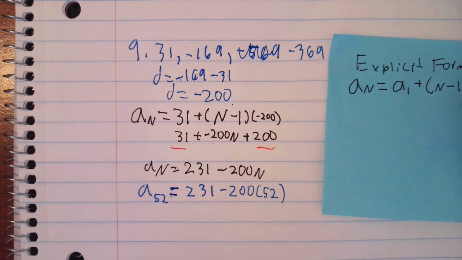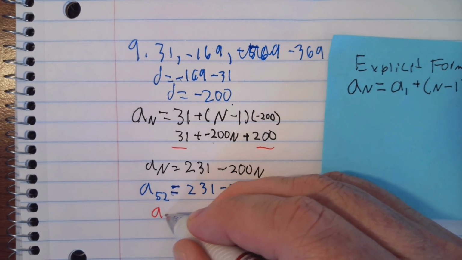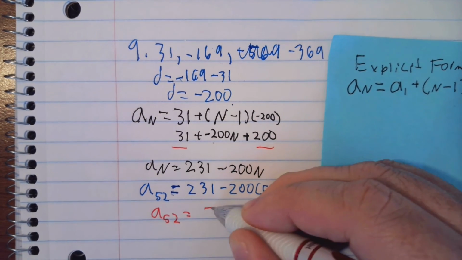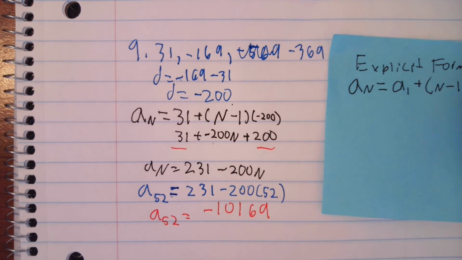All right, and if I put it in my calculator correctly, you would get A52 equals negative 10,069.